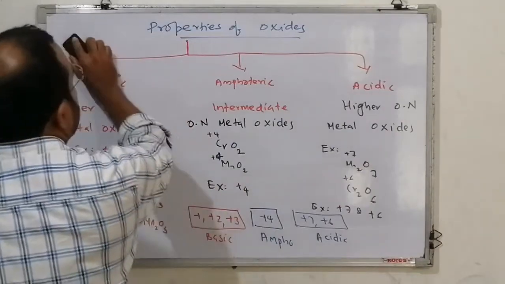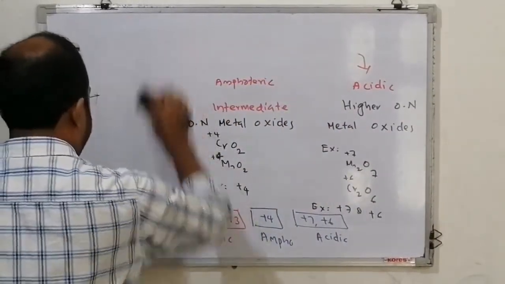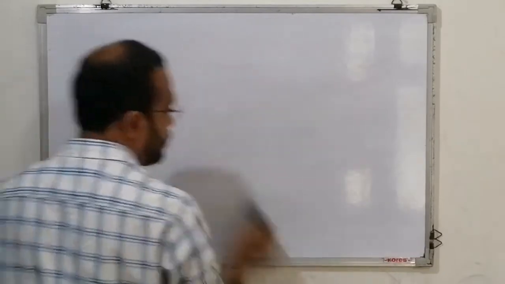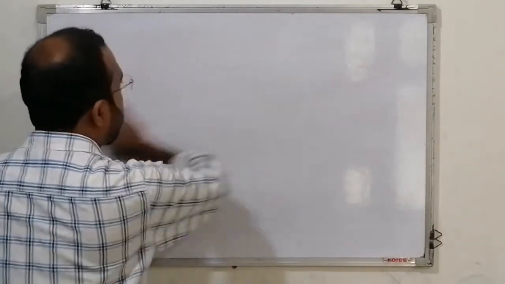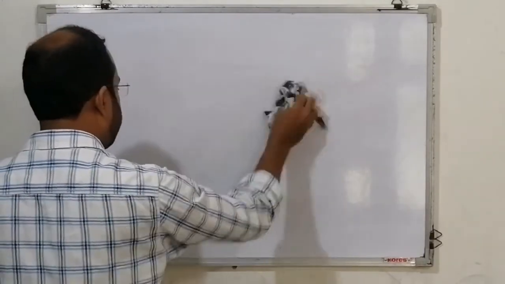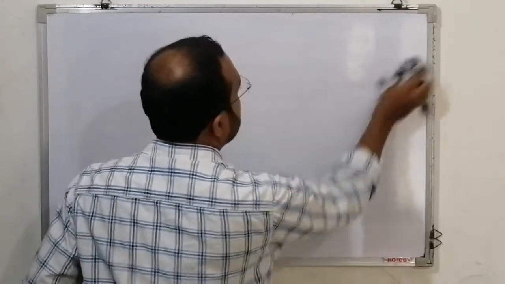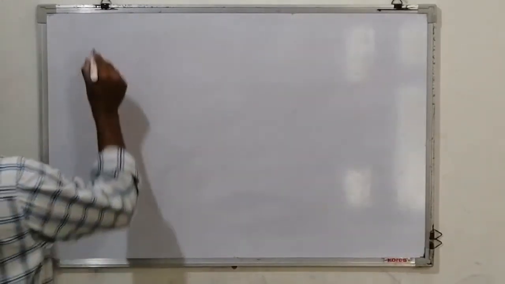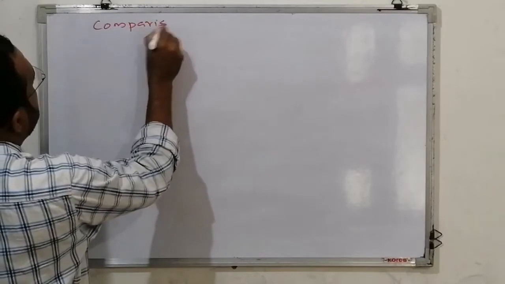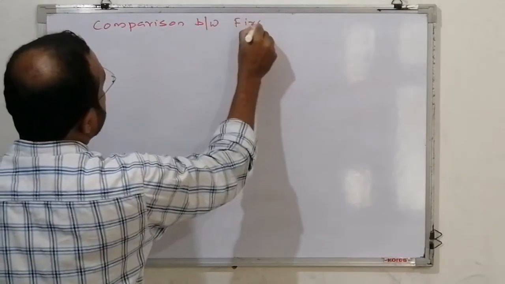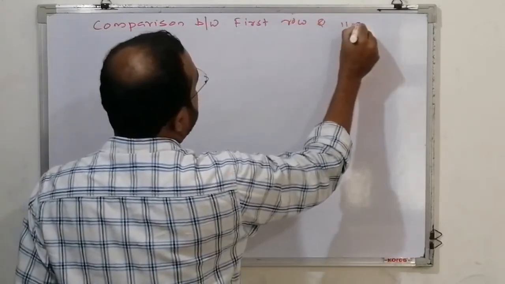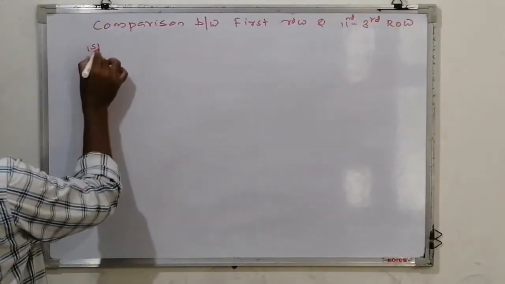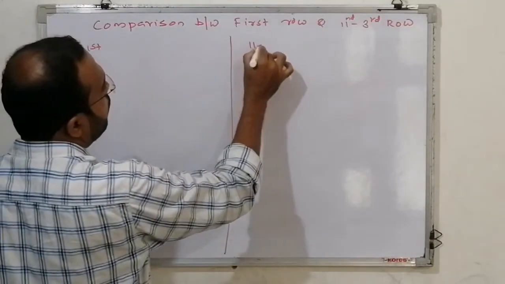Now I will go to another topic. Comparison between first row and second, third row transition metals.